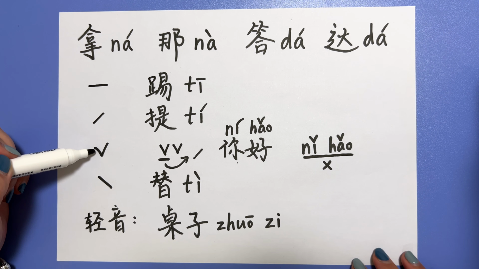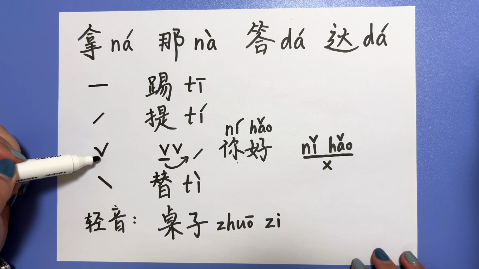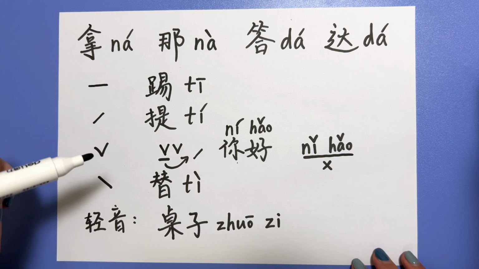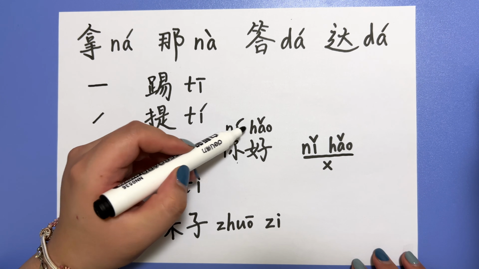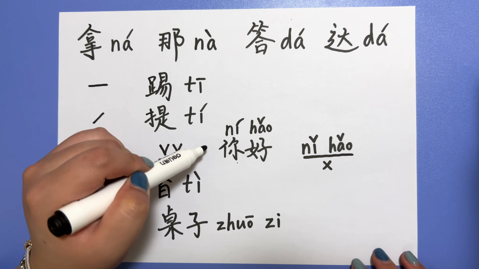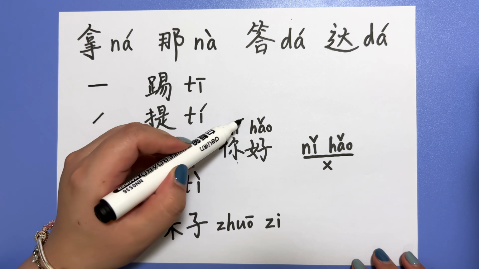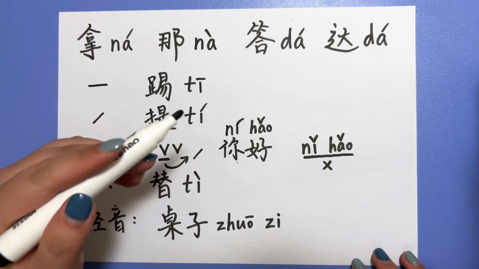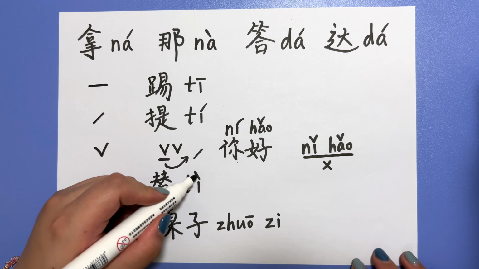It starts from a low pitch and then goes down a bit. But the exception is that when 2 third tones are combined together, the first one becomes a rising tone. The fourth tone is a high-low tone.